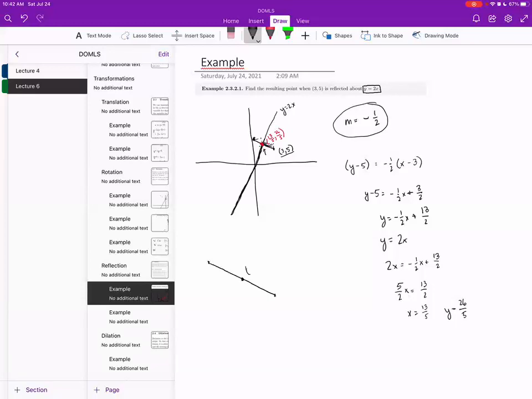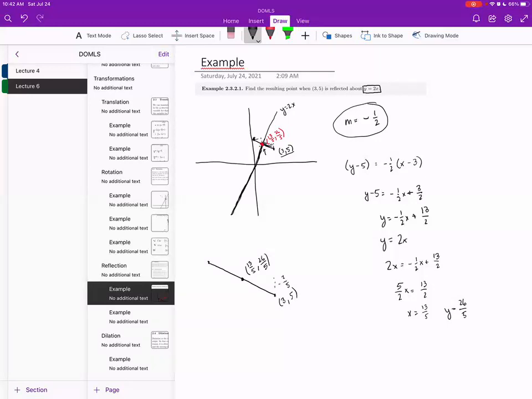We have this point (13/5, 26/5) and (3, 5). So here, the rise would be 13/5 minus 3, which is actually a drop, or it goes negative, so this would be negative 2/5.